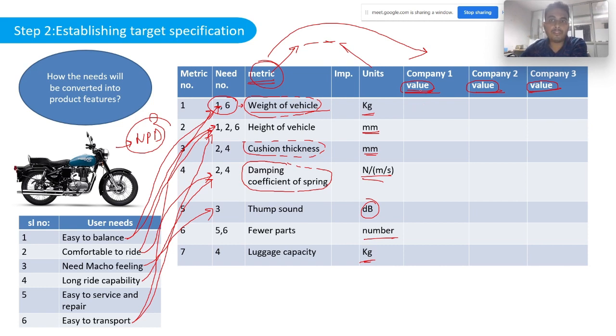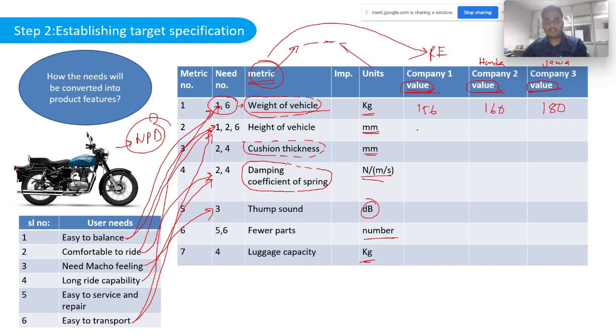For example, weight of the vehicle. For example, this is Royal Enfield, this is your Honda, this is your Java. So for weight, RE is 156, Honda is, for example, 160, Java is 180.